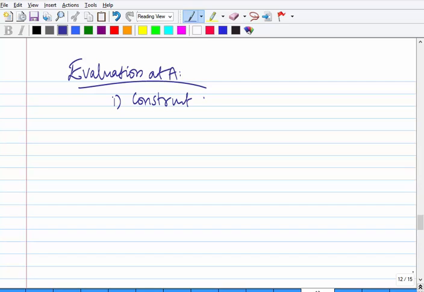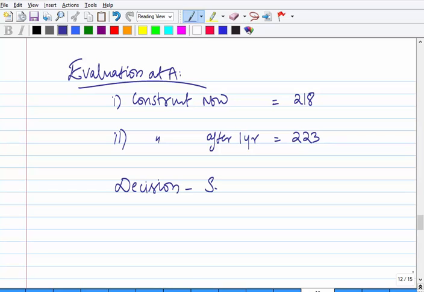If you construct after 1 year, what is the benefit? Both got to be compared. If you construct after 1 year, the benefit is 223, and if construction is going to happen now, the benefit is 218. So decision should be select highest. Decision is simple. Select highest.